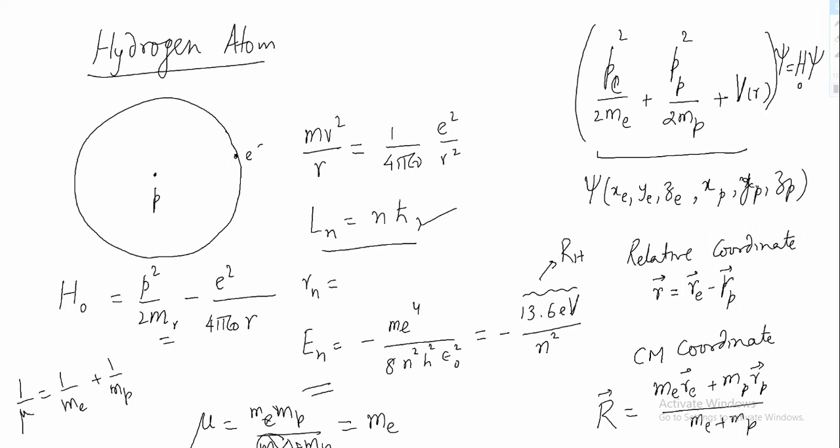Okay. Now, when you introduce the relative coordinate and center of mass coordinate, what happens? You get two equations. One equation is completely in capital R, and another equation is completely in small r.